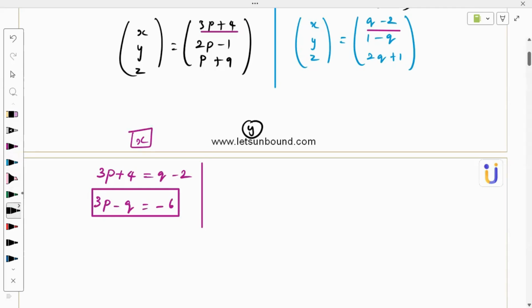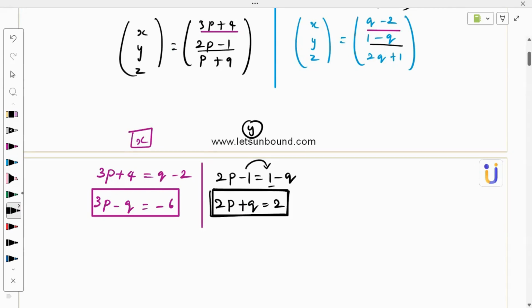Next, taking y: 2p minus 1 equals 1 minus q. So 2p plus q equals, when you shift the positive 1, it's a minus 1, so it will go 2. We got the second simultaneous equation in terms of p and q. Next the z part, which is also important: p plus 9 equals 2q plus 1.